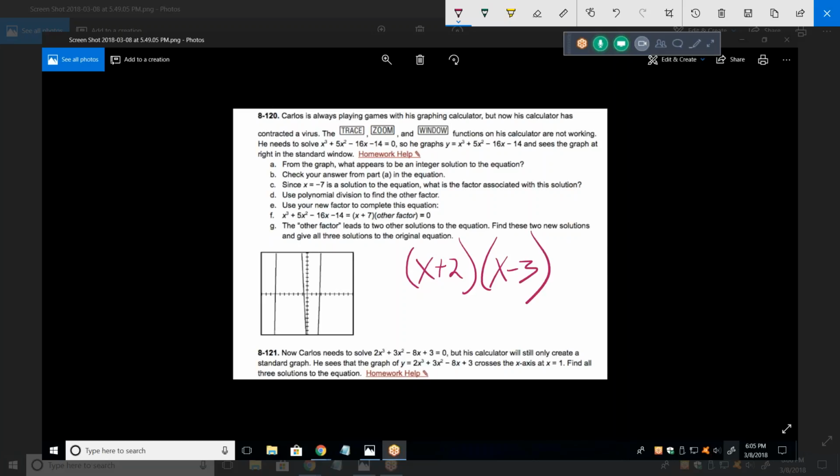Here are 2 factors that multiplied together are equal to 0. Tell me what the solutions are. Oh, 3 and -2. So if you start with the solutions first, what are the factors? Oh, so it'd be x plus 7. You got it.